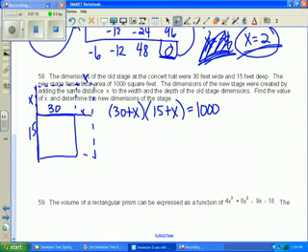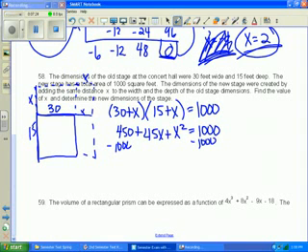square feet. So I FOIL. I bring this 1,000 over. And so then what I have is negative 550 plus 45x plus x squared equals 0.